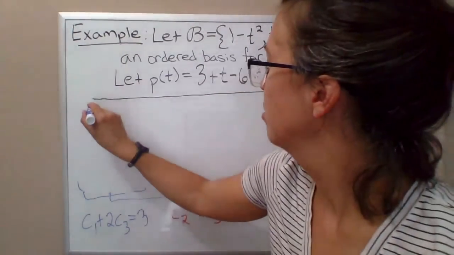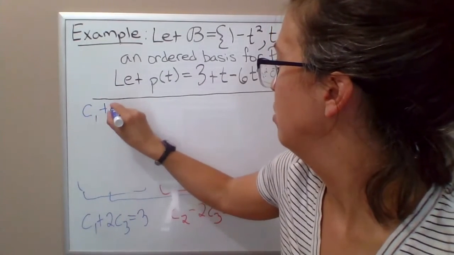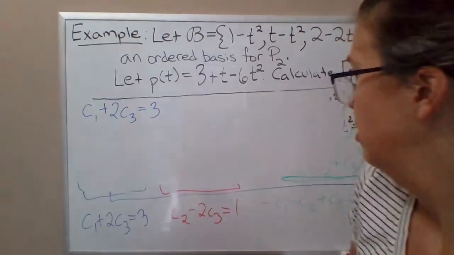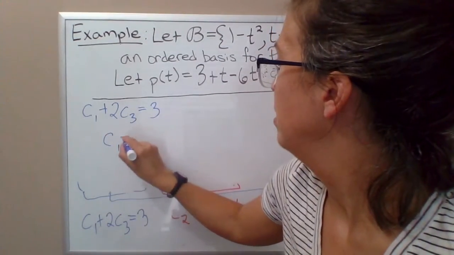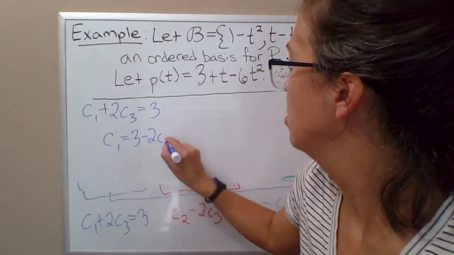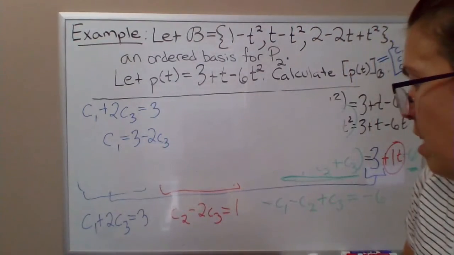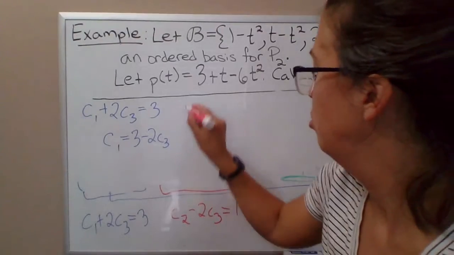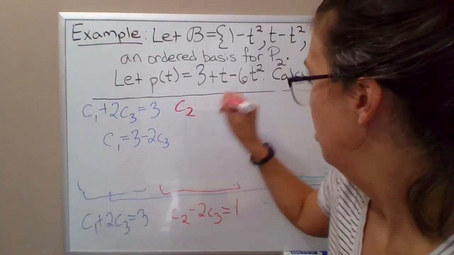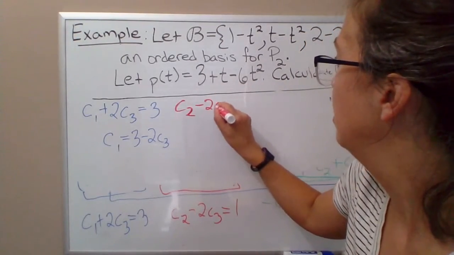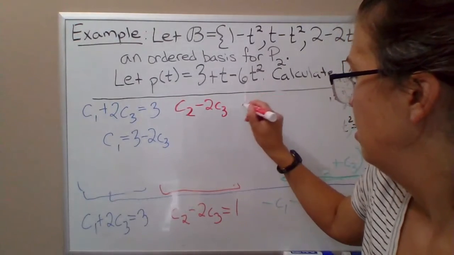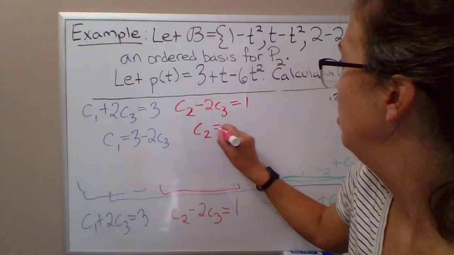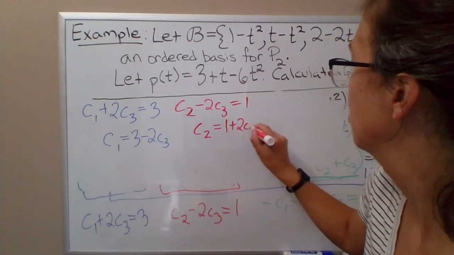I'm going to copy it here. So C1 equals 3 minus 2C3. And C2 minus 2C3 equals 1. So C2 equals 1 plus 2C3.